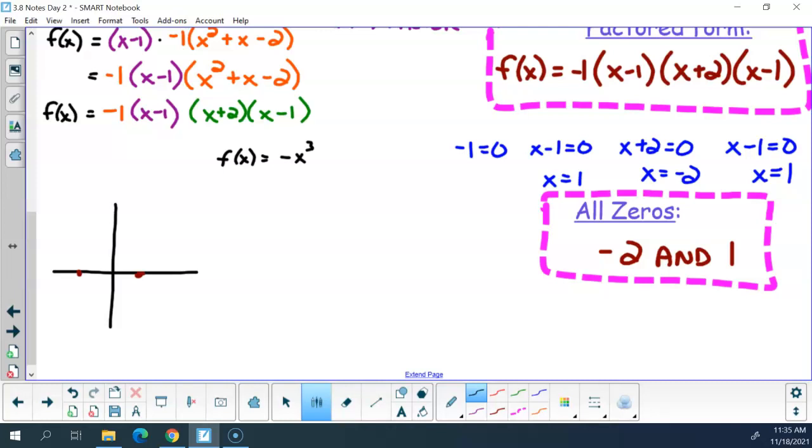Right side's going down because I have a negative lead coefficient. What else does that mean? They're opposite because it's an odd degree. So I know that my right side is going down, and I know that my left side is going up.